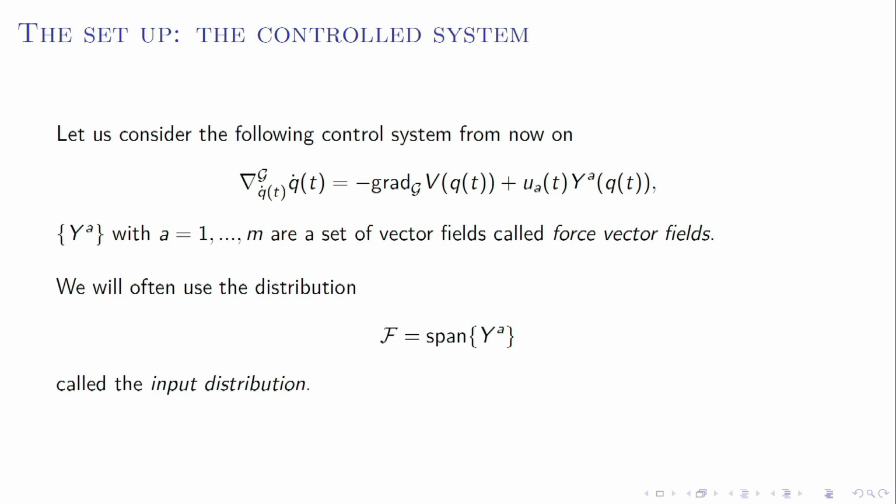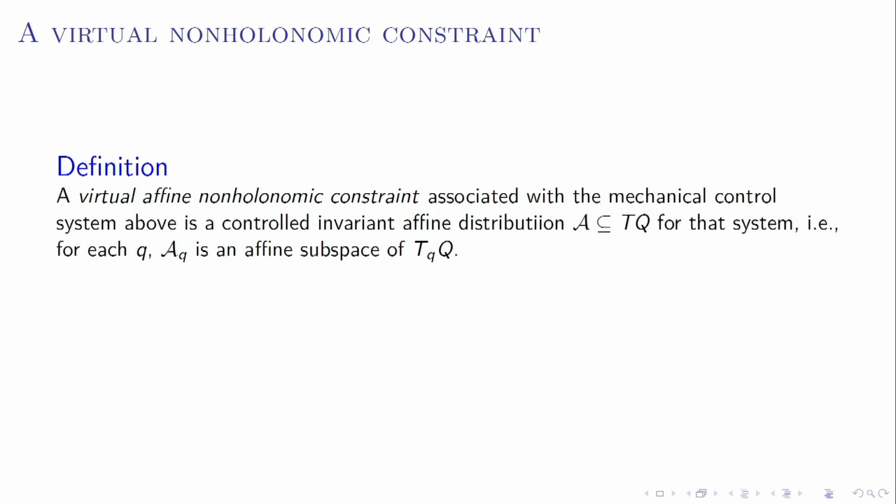Just some terminology. The vector fields appearing here in the Riemannian form of the Euler-Lagrange equations are called force vector fields, and the span of these vector fields is called the input distribution. Based on this, the correct mathematical definition of a virtual affine nonholonomic constraint is a mechanical control system for which an affine distribution A is controlled invariant.